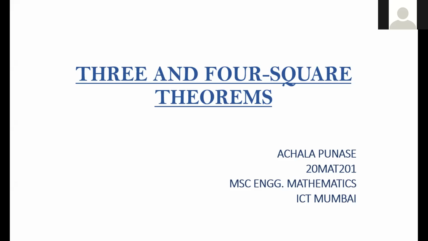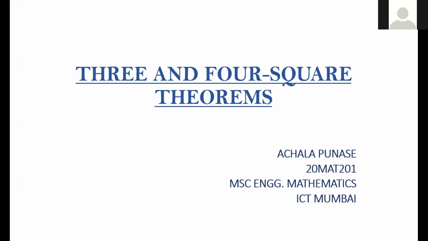Can we write 15 as a sum of 3 squares? We can't. So one observation here is that even if you have two numbers that can be expressed as a sum of 3 squares, their product may not necessarily be representable as a sum of 3 squares. That is an important observation.